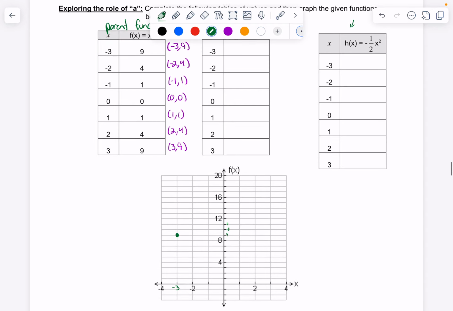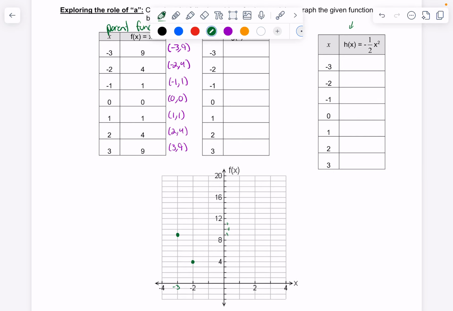Then -2 and 4, -1 and 1, 0 and 0, 1 and 1, 2 and 4, and then 3 and 9. So there is our graph of f of x.